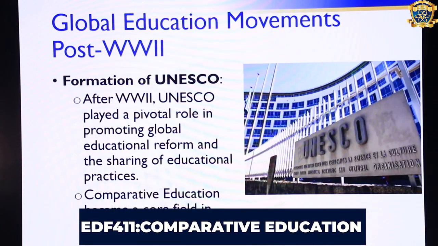Out of the devastation of that war, we had the formation of UNESCO in 1945. The idea was simple and powerful: if nations could work together in areas like education, science, and culture, perhaps future conflict could be avoided.